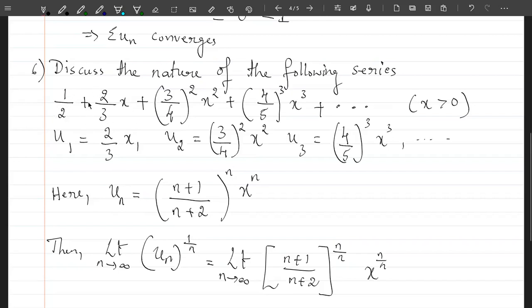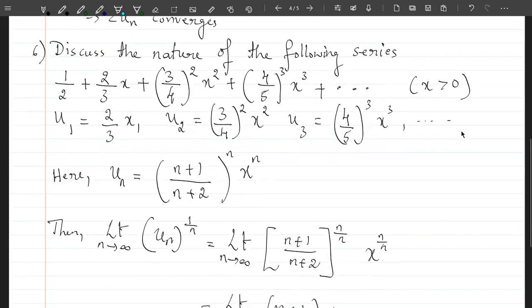And leaving the first term will not affect the convergence or the divergence. It's a standard property of convergence and divergence. So we leave the first term here and we start taking the terms from the second term onwards. So this is u1 now, this is u2, this is u3 and so on.